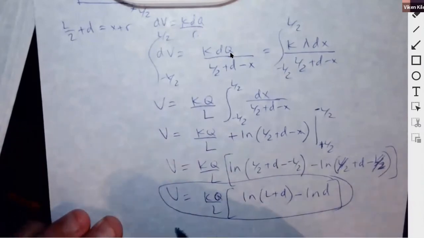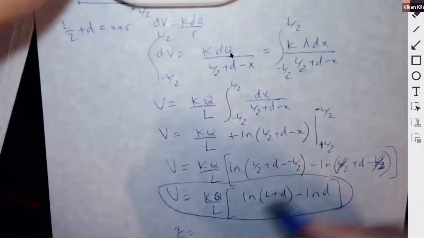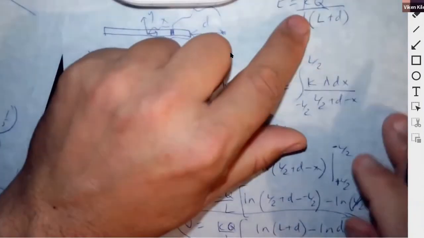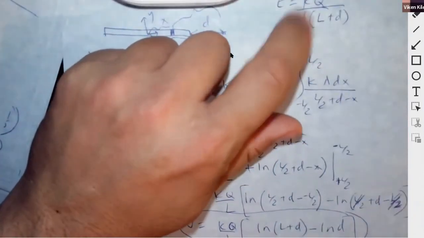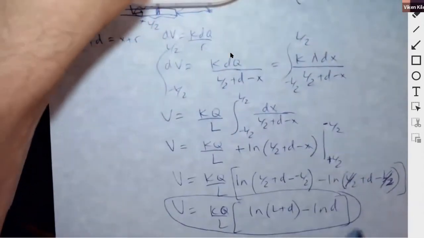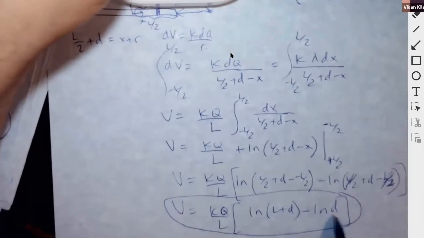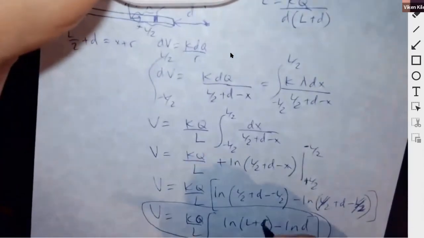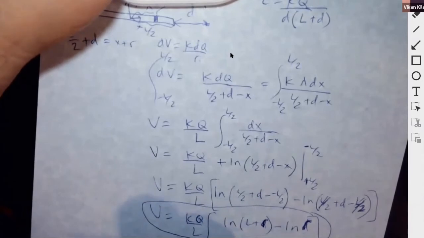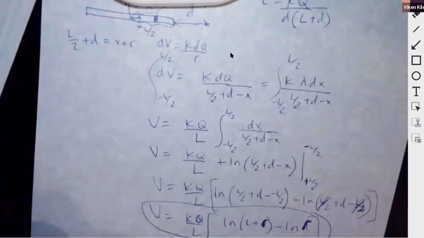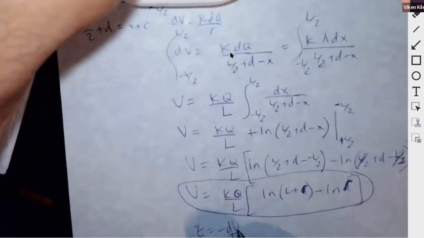If I take negative the derivative of that, that should give me the electric field equation. It's interesting, the electric field equation looks easier than this one. So now if I take negative the derivative of that, let's change it to an R again. So negative dV dr, because I don't want to do negative dV dd.